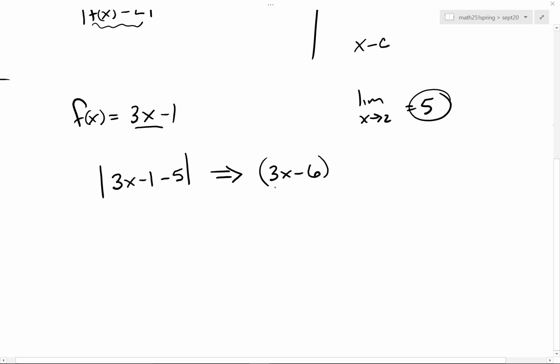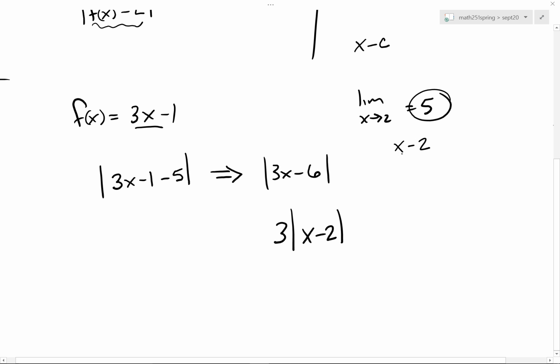Are you with me? Oops. Not parentheses, stupid. Absolute values. Now it occurs to me they have a 3 in common, yes? Yeah? What does that mean to me? What that means to me is this. Wait a minute. I see x minus 2.